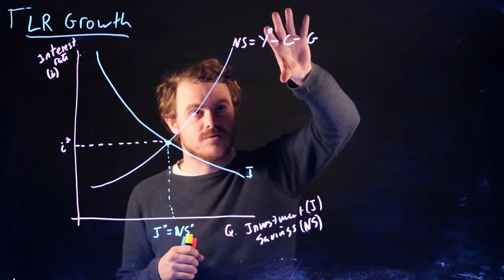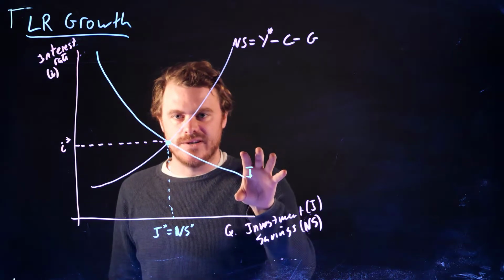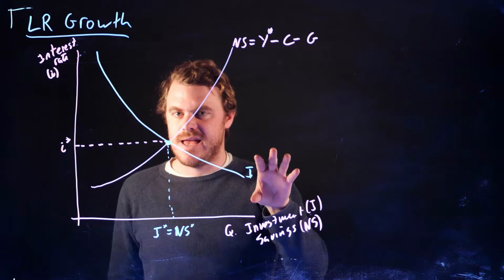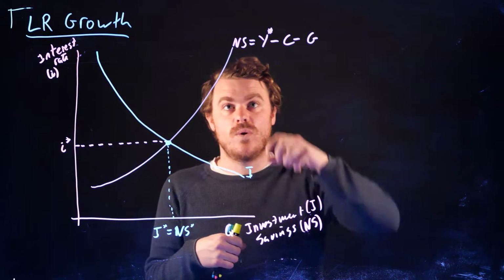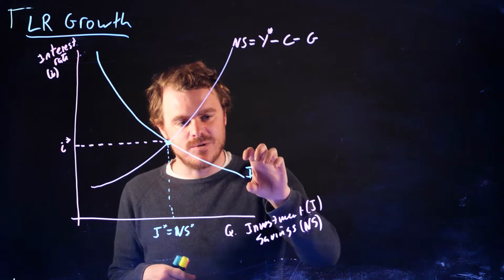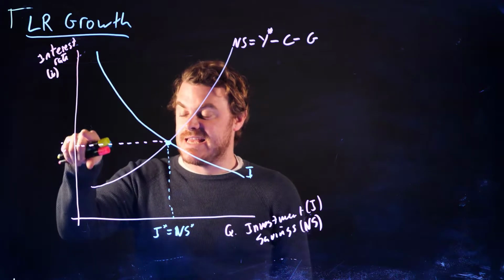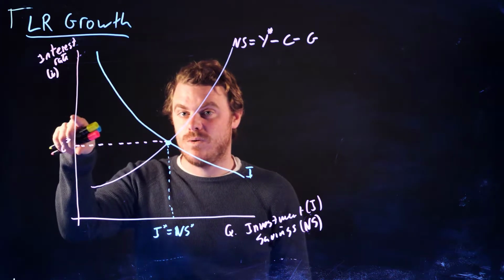So at long run equilibrium, national savings needs to equal investment. Now this interest rate is endogenous, where desired national savings equals desired investment. That's going to determine our interest rate, I star.